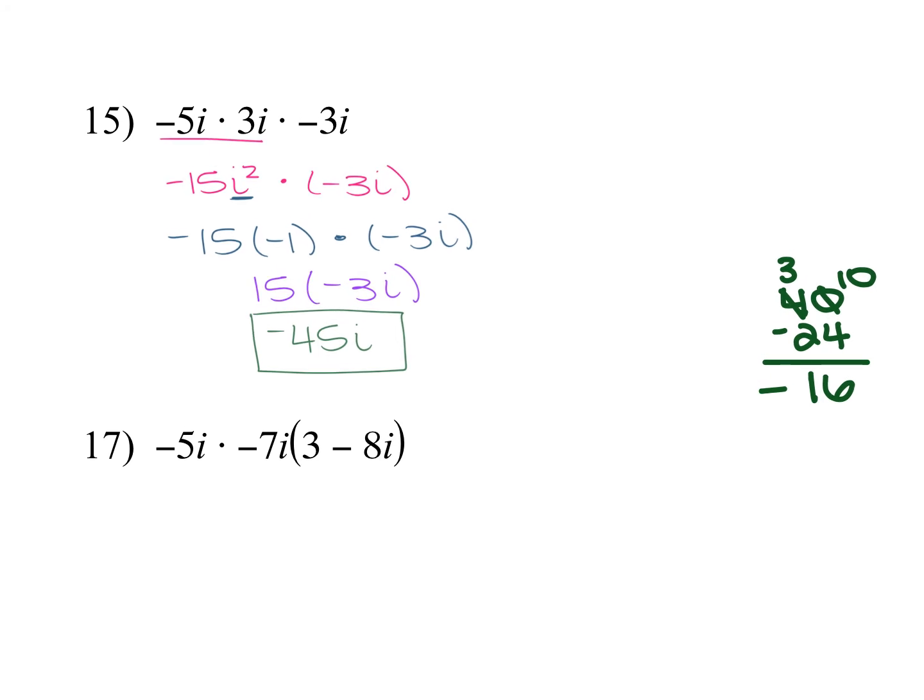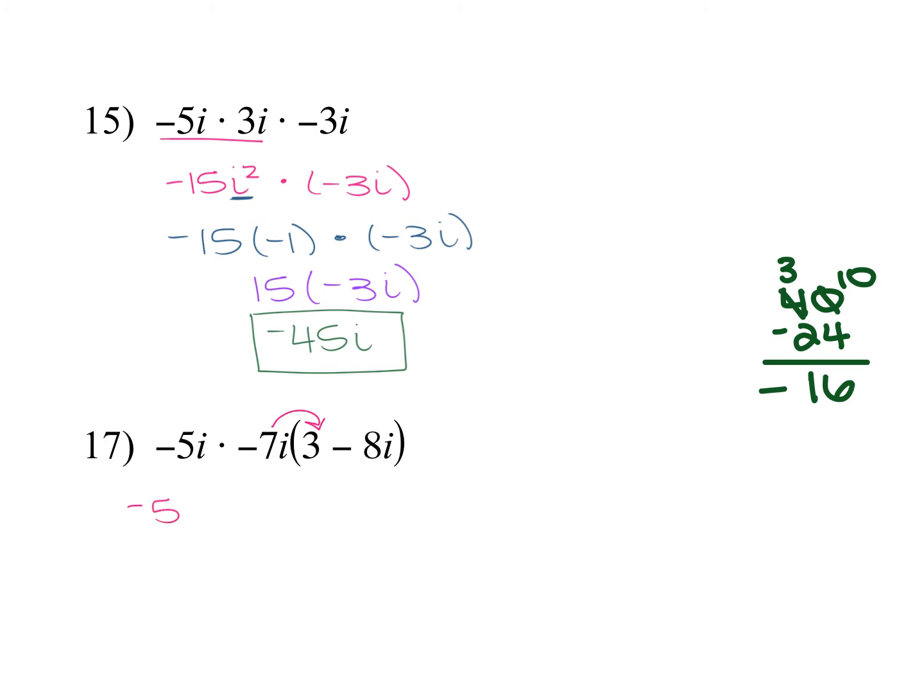For 17, you have negative 5i times negative 7i times 3 minus 8i. We're going to follow our order of operations here. We're going to distribute before we multiply that negative 5i and that negative 7i. So we're going to distribute that negative 7i into the parentheses.